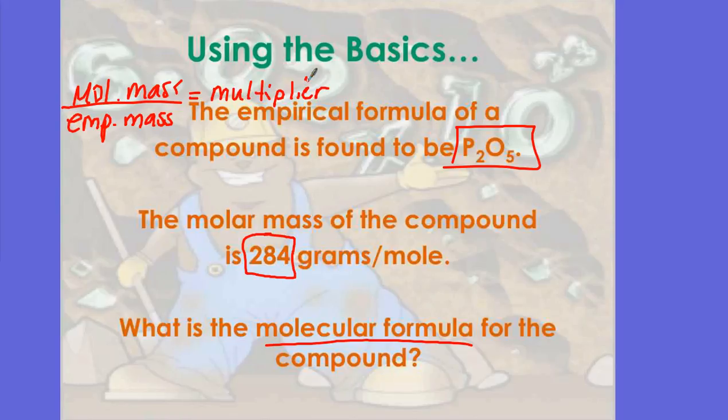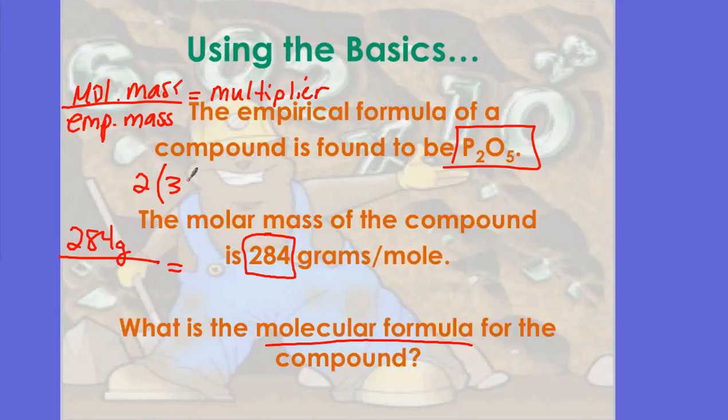What am I given? 284 goes where? Top or bottom? Top. 284 grams divided by, how do I calculate the mass of the empirical? Two times, what's phosphorus? Is your periodic table out? 30.97?